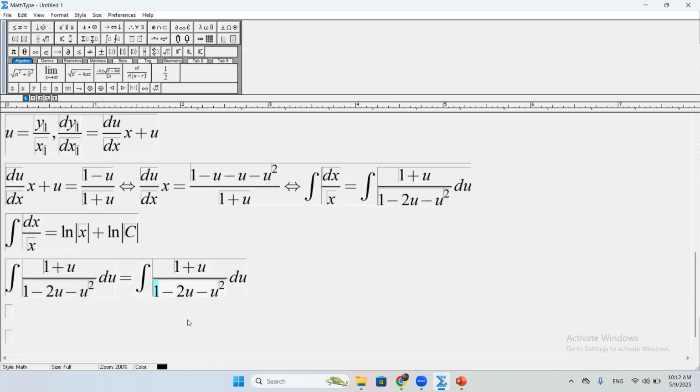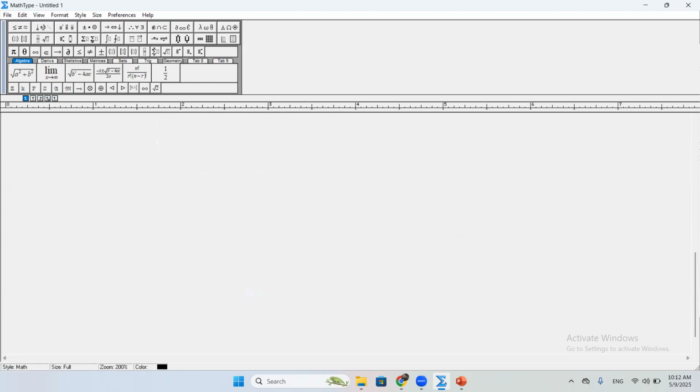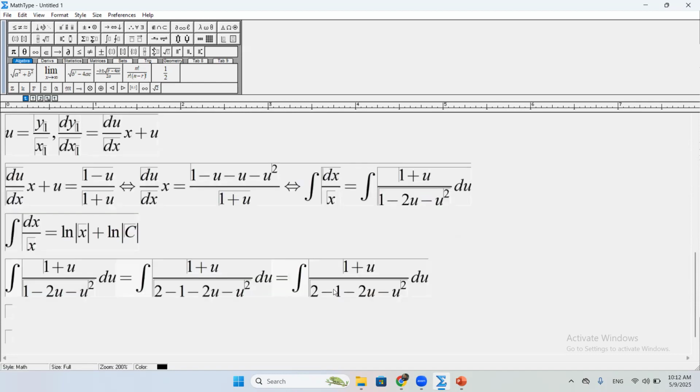So what do we have? 2 minus (1 plus u) in power of 2, which is 1 minus 2u minus u square.